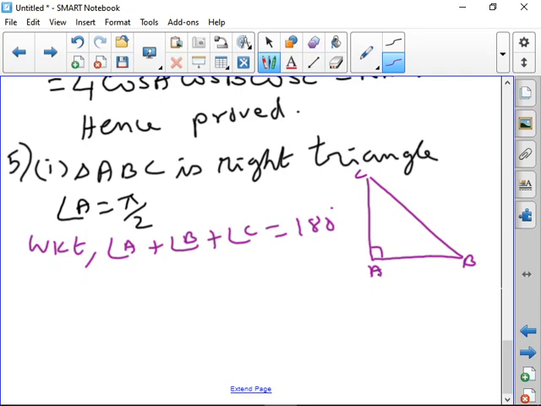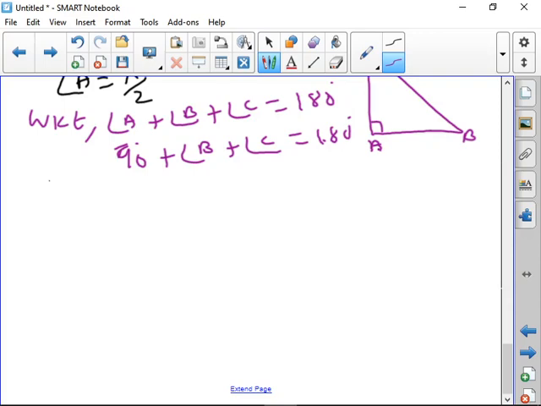Angle A is given as 90, pi by 2. So 90 plus B plus C is equal to 180. So angle B plus angle C should be 180 minus 90, which is equal to 90 degrees.